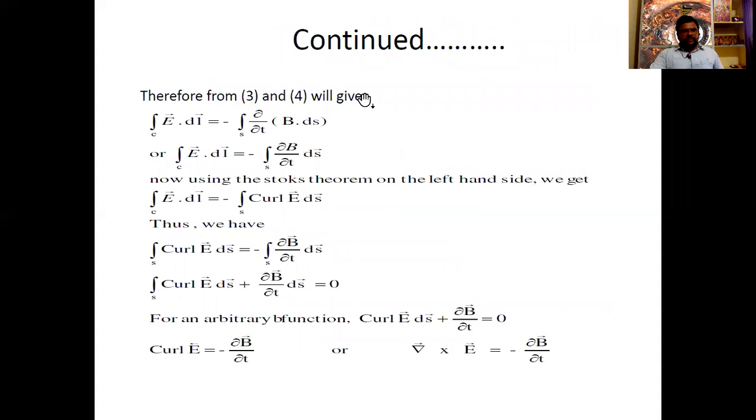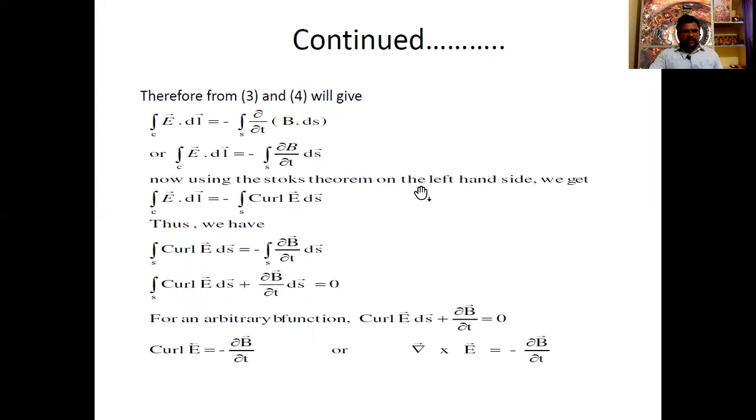So from equations 3 and 4, the integral over a closed path of E bar dot dl bar is equal to minus dou by dou t of the surface integral of B bar dot ds bar. Bringing the derivative inside, this is minus the surface integral of dou B by dou t dot ds bar.